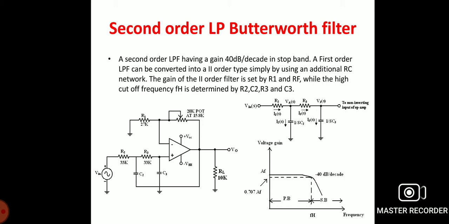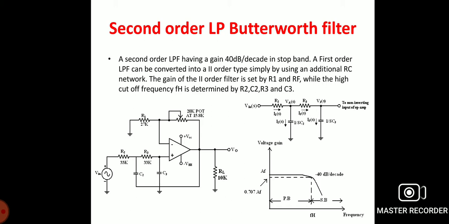Now we can see the second order low pass Butterworth filter. The input voltage is fed to R1. The node VA is the first node of R1 and VI, and the graphical representation is the same as the first order low pass Butterworth filter.